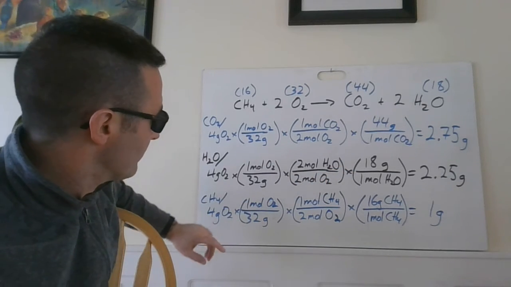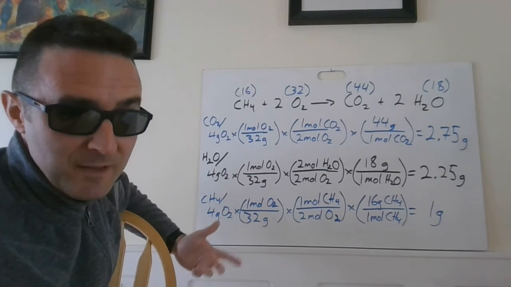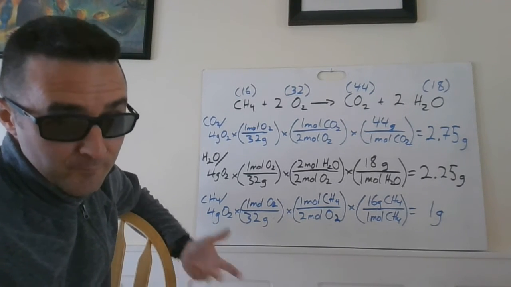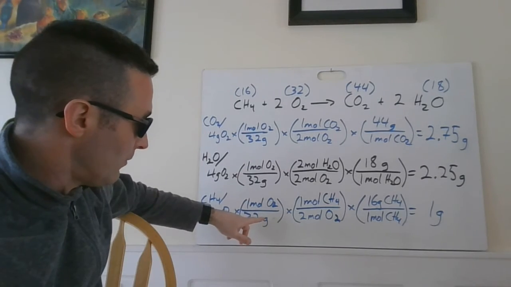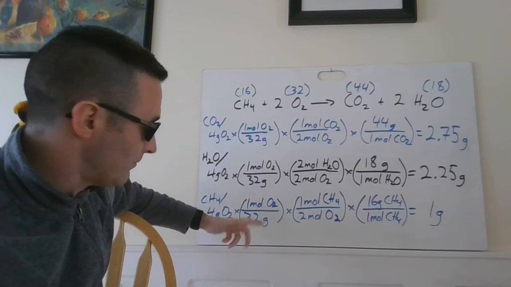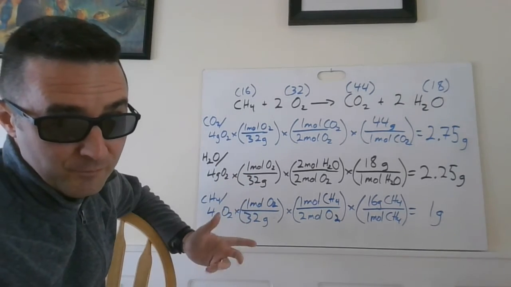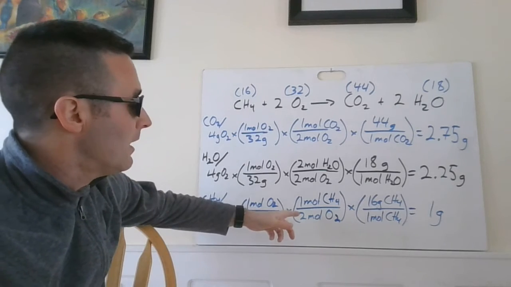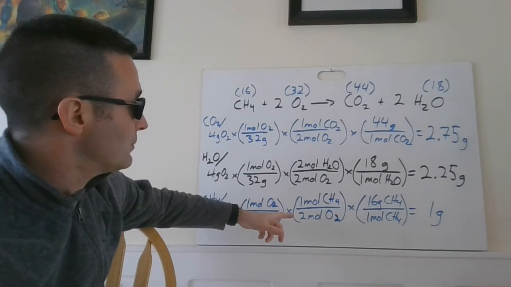That's easy. The last problem is figuring out how much methane you need in order to make the reaction go in the first place. I've converted it into moles: 4 divided by 32, which is taking your 4 and multiplying by 1 over 32. It's the same thing. Here's our same 1 divided by 2 step coming in.